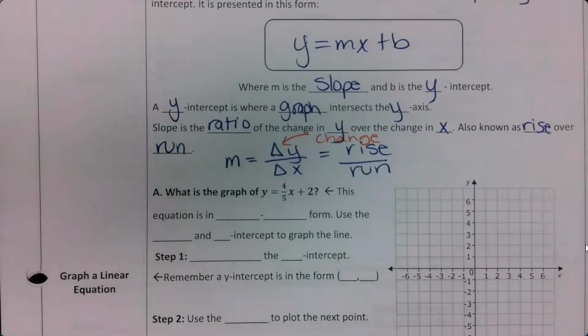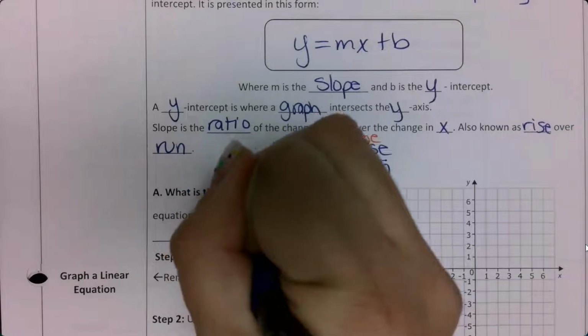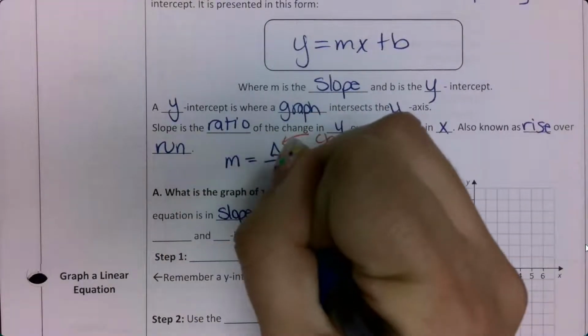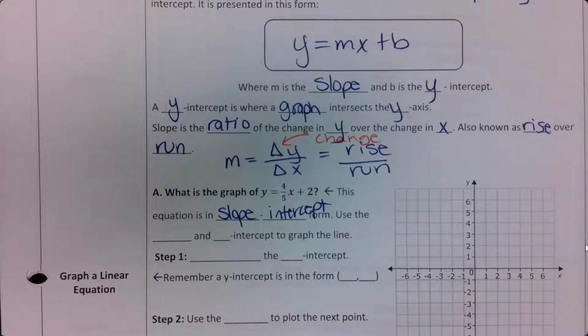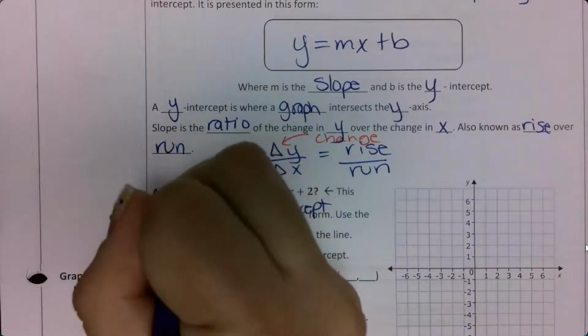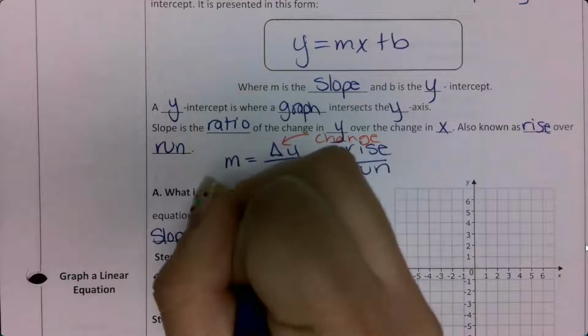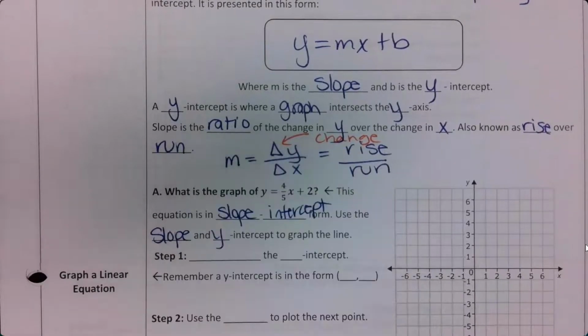Okay, so this one wants me to find the graph of 4/5 x plus 2. This equation is in slope-intercept form. I want to use my slope and y-intercept to graph the line.